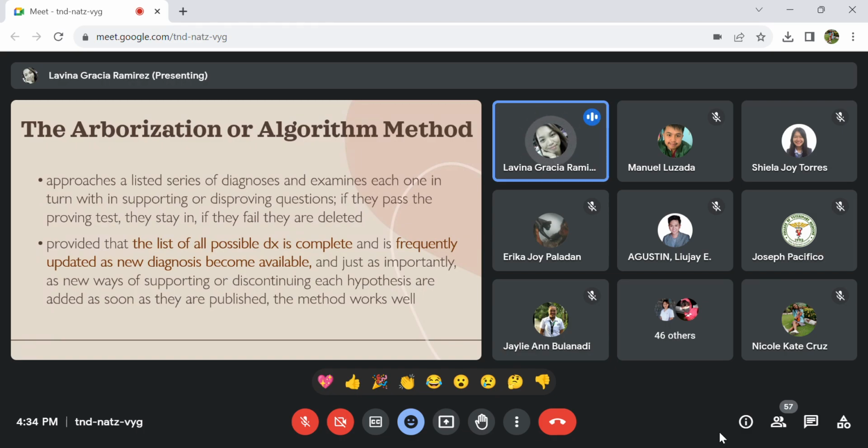Provided that the list of all possible diagnoses is complete and frequently updated as new diagnoses become available, and just as importantly, as new ways of supporting or discontinuing each hypothesis are added as soon as they are published, the method works well.